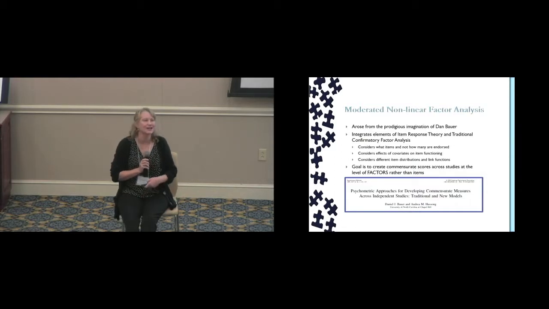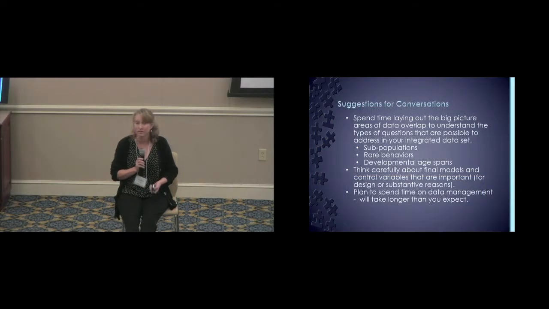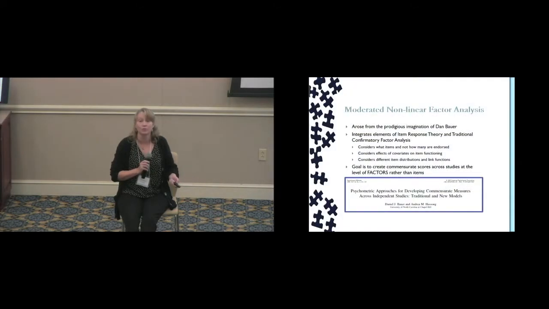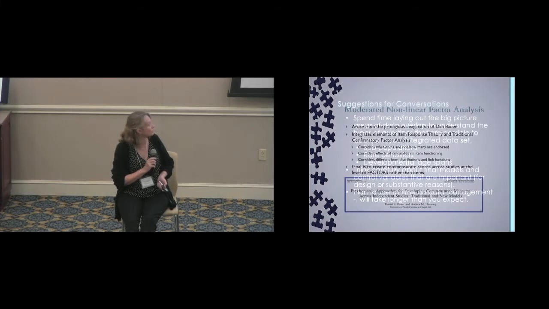We're interested in not just how many items you're endorsing, but what items. We're interested in how those items might behave differently depending on a set of covariates, one of which, not surprisingly, is study, right? Is it functioning differently across study? But it could also be gender. It could be age. This is a nice way of taking those developmentally varying constructs into account and taking heterotypic continuity into account when we're scoring.